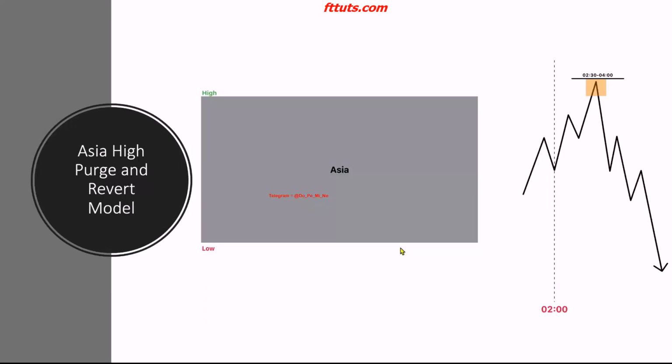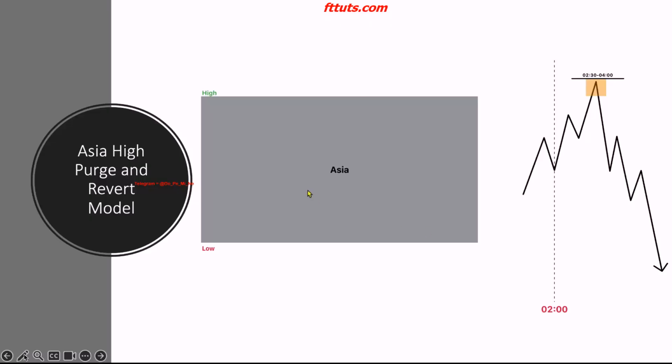So let's take a look at the Asia high purge and reversal model. For the Asia high purge and reversal model, we will be looking at the following. We will be looking at, first of all, a market that is predetermined to go lower. So from the higher time frames, we have established that the market is likely to draw lower towards a sell side objective, a key liquidity pool, or an old imbalance that price is likely to revisit.